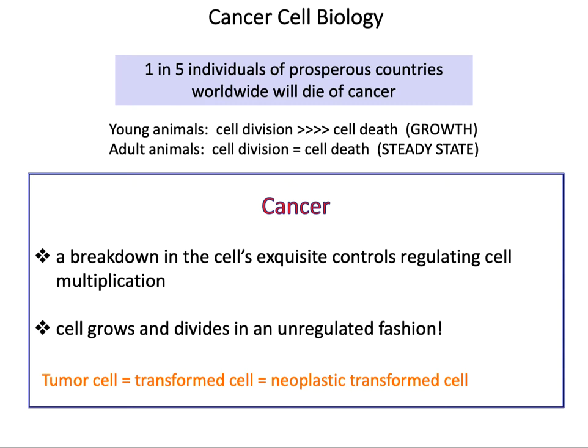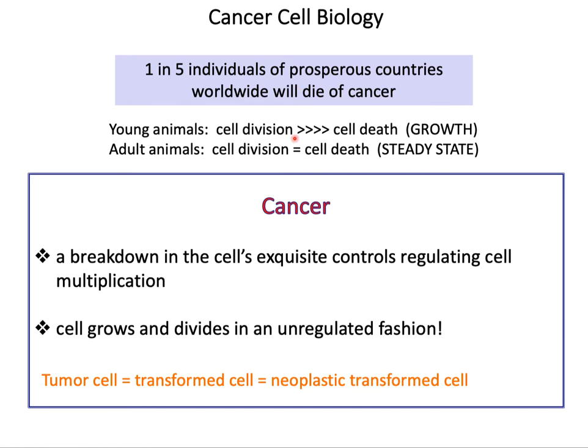But the reason that I want to talk about cancer cell biology in this course is because cancer happens when cells break the exquisite rules that regulate their growth and cell division. So this should be intuitive to you. In young animals, cell division exceeds cell death and you have a net growth. In adult animals, cell division usually equals cell death.